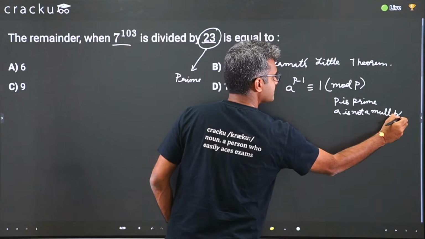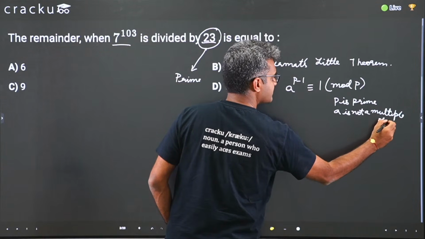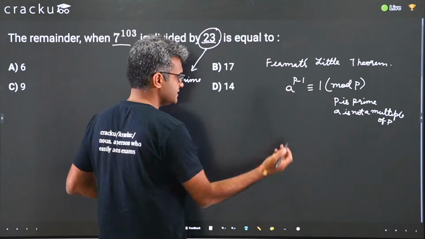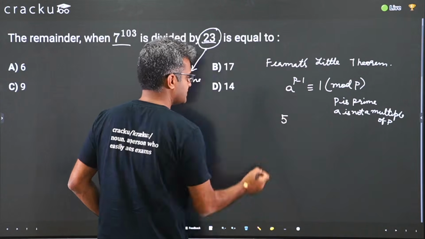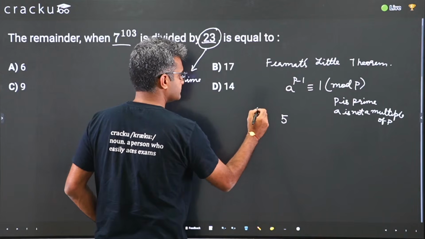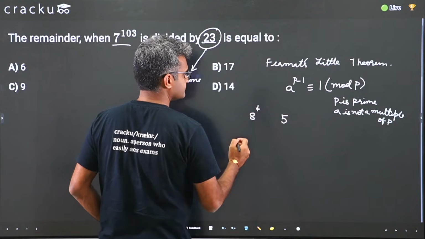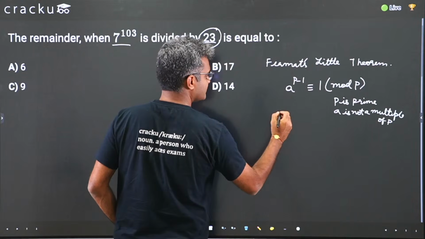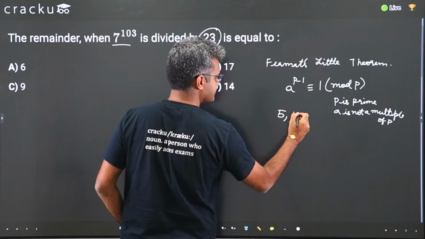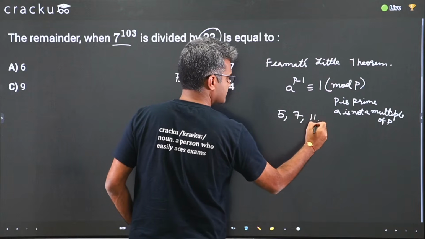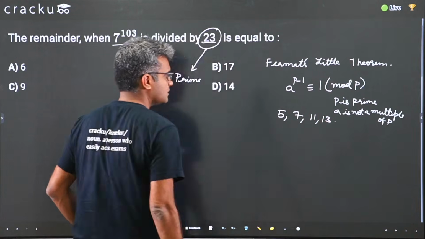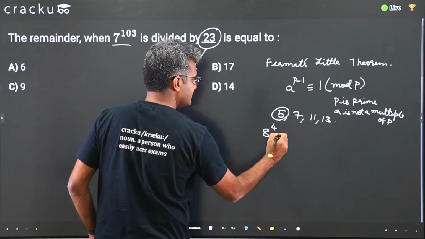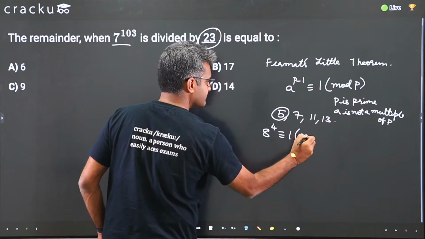For example, if you are looking at prime numbers like 5, 7, 11 or 13, suppose you are looking at 5. 8 to the power 4 will leave a remainder of 1 when divided by 5.